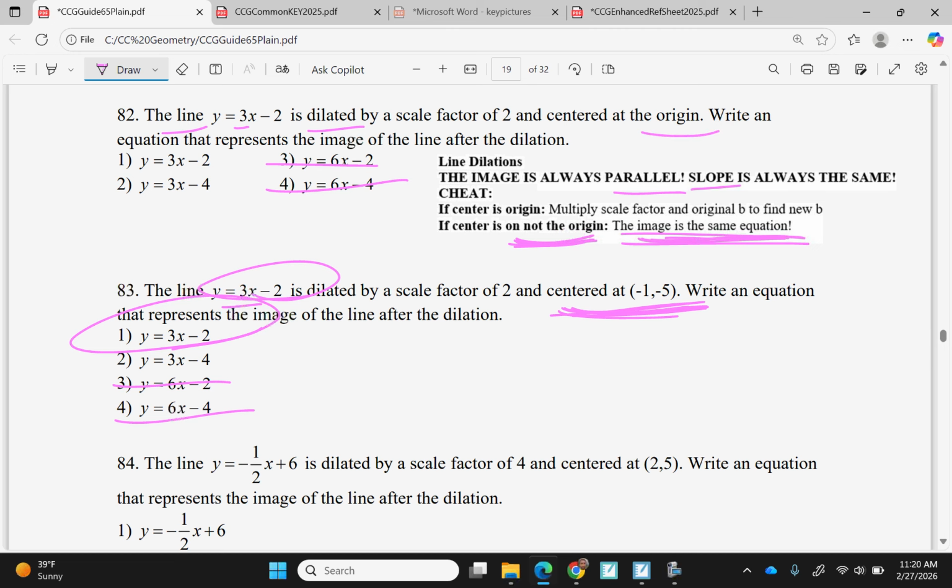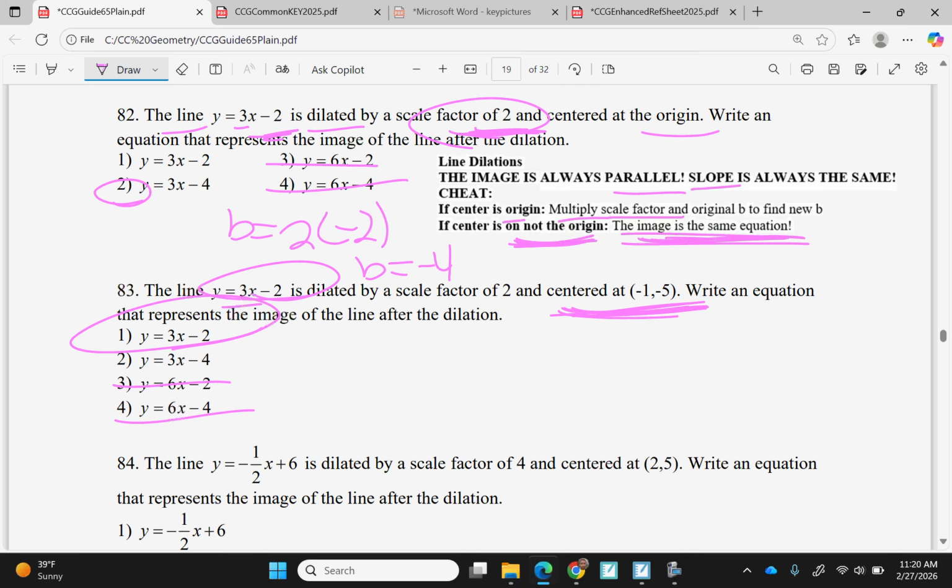Origin, multiply scale factor and B. If it's centered at the origin, I'm multiplying the scale factor and the original B for the new B. My new B is -4. My answer is choice 2.